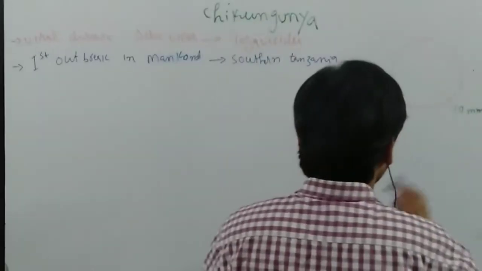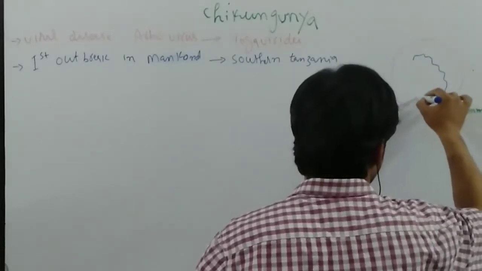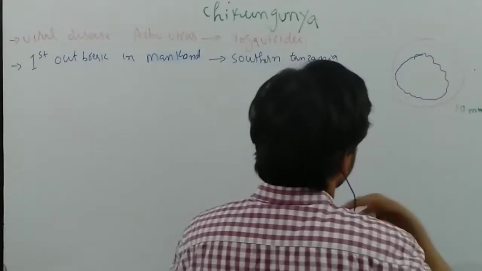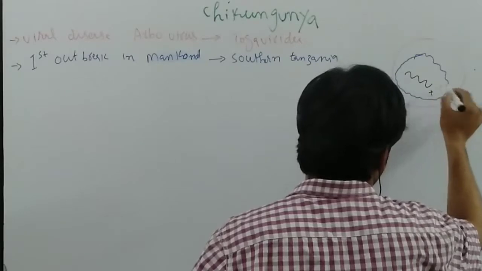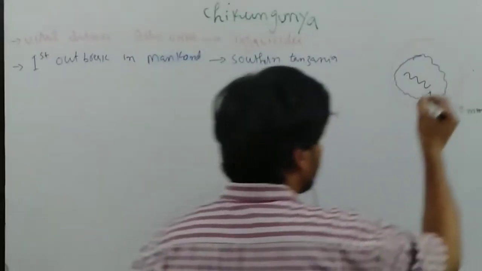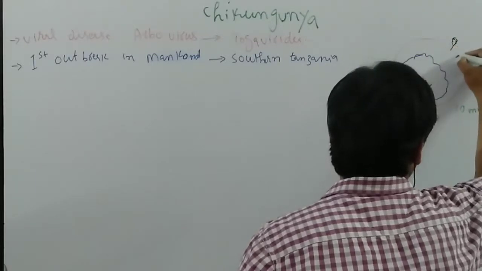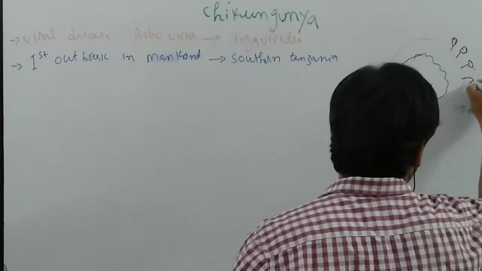Usually, they also have the nucleocapsid, which encloses their genetic material. So they have a positive RNA. Now, the spike proteins that arise are usually in trimer shape.